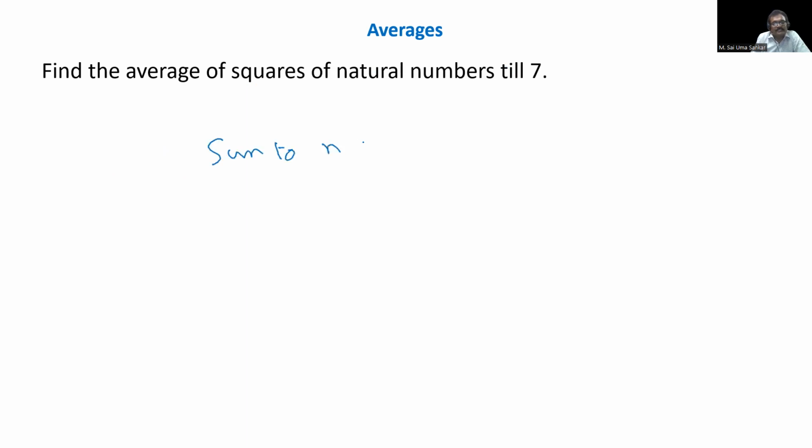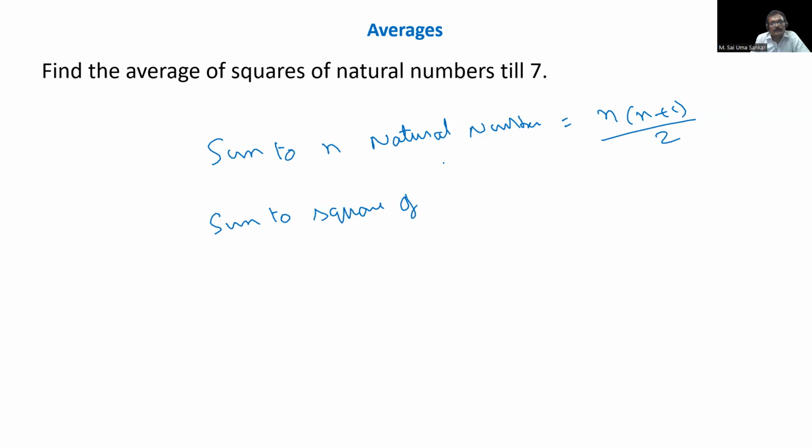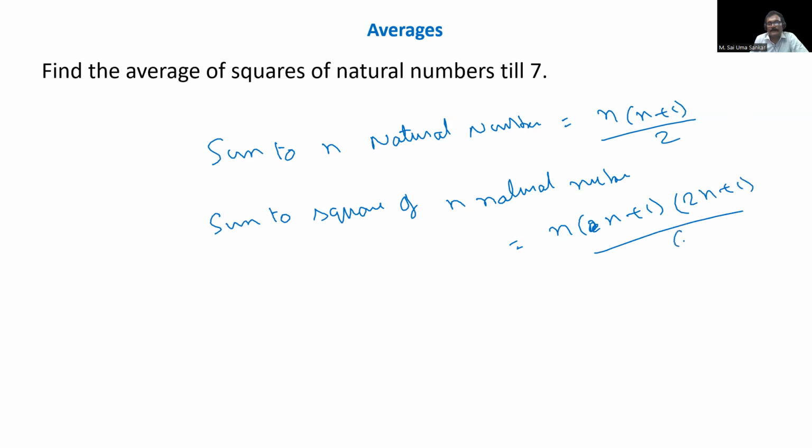Sum of n natural numbers is equal to n into n plus 1 by 2. Sum of squares of first n natural numbers is equal to n into n plus 1 into 2n plus 1 by 6.